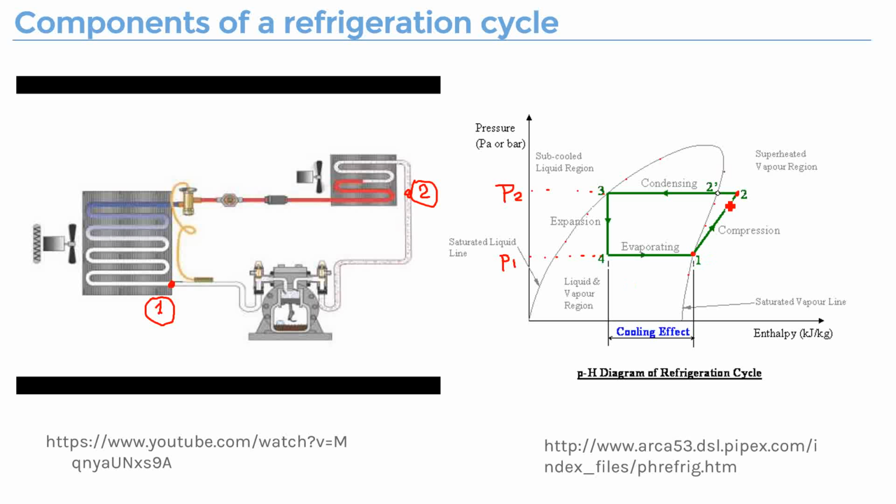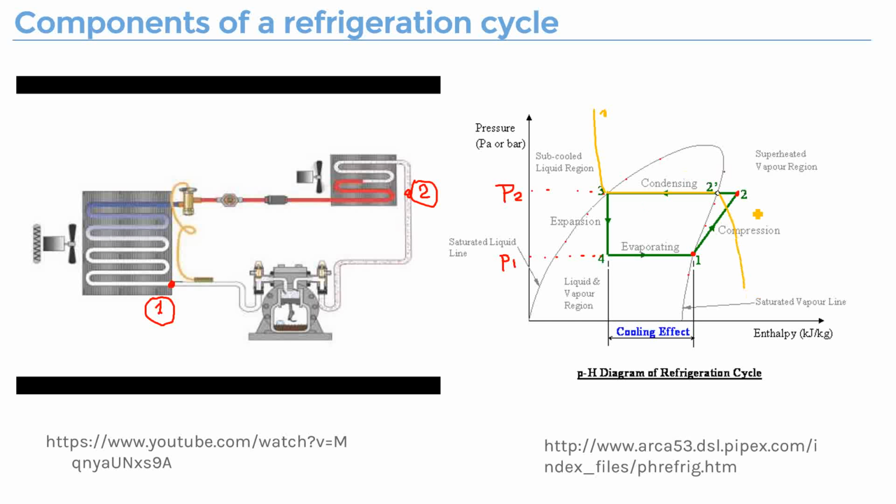In this pH diagram, you can also look at the charts as given to you, where you have constant temperature lines, the orange color. It's quite close to a vertical line, then horizontal line, and goes to a curve.